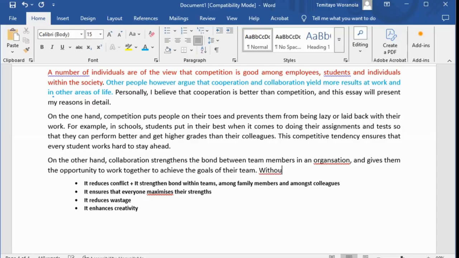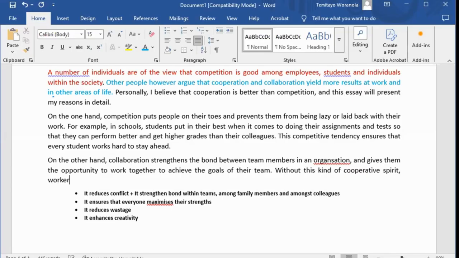Without this kind of cooperative spirit, competition, let me put it this way, workers will do things differently in their own way, and this can slow down the progress of the firm.